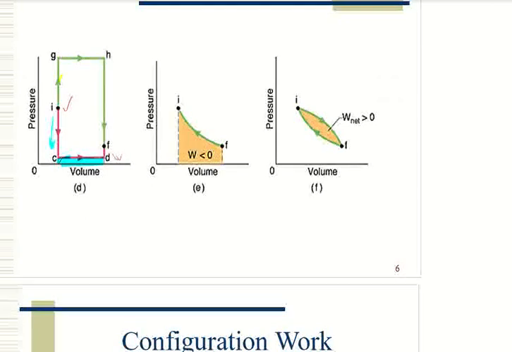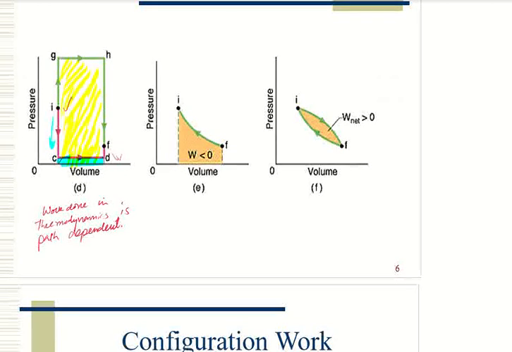So this is the area in that case, a huge area. So it shows that the work done is path dependent. Work done in thermodynamics is a path dependent phenomenon. If you change the path, the amount of work done changes.